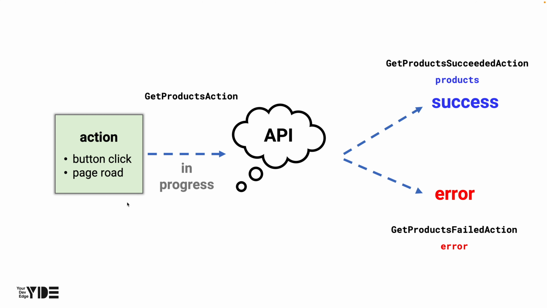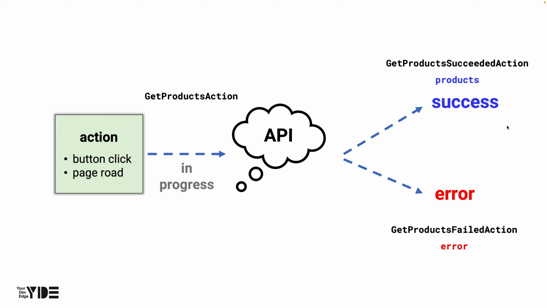Trigger getProduct action when the user presses the button or when the page loads. Then getProduct action requests the product list from fake store API, a remote API. However, this request can take some time to process, so you need to take action to show the user that something is going on. In other words, you need to be able to display something like a loading indicator.